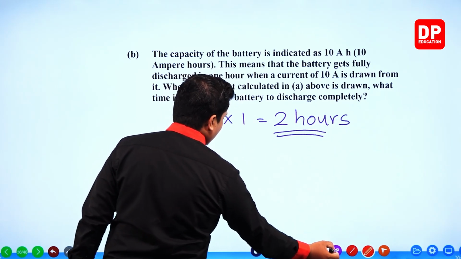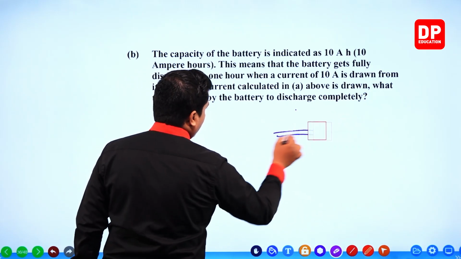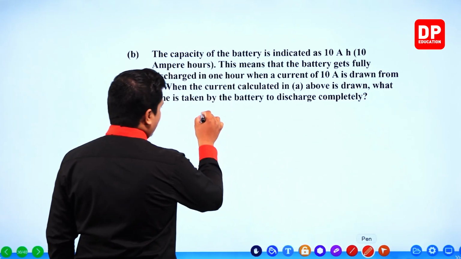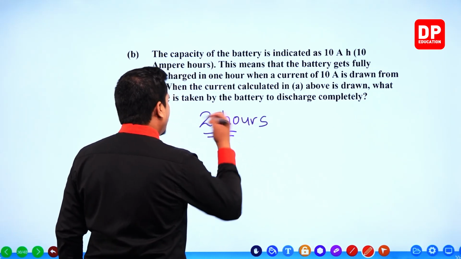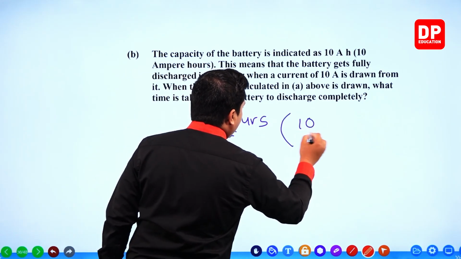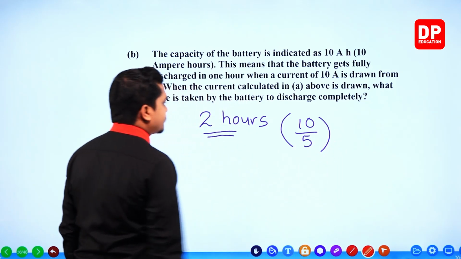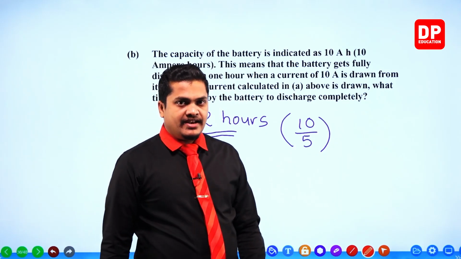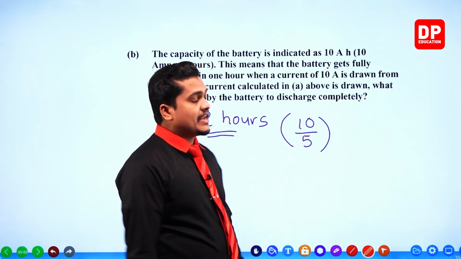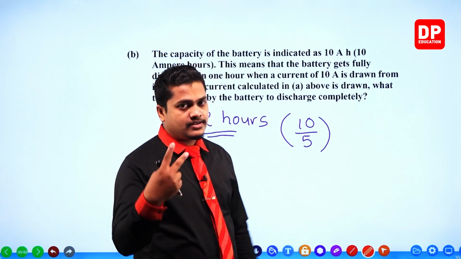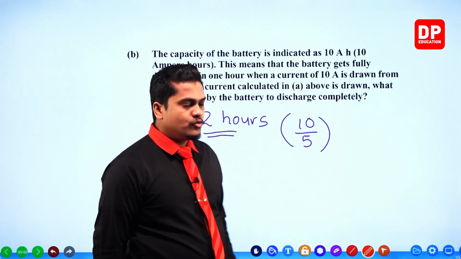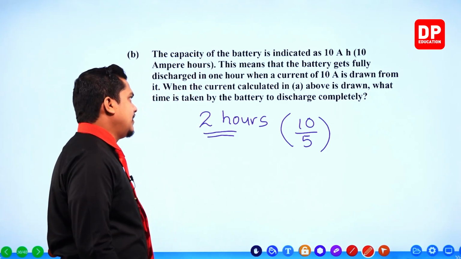Or else you can divide 10 by 5, because 10 for 1 hour, and this is the current that we have right now, 5 amperes. So divide 10 by 5, the answer is equal to 2. Okay, 2 hours.